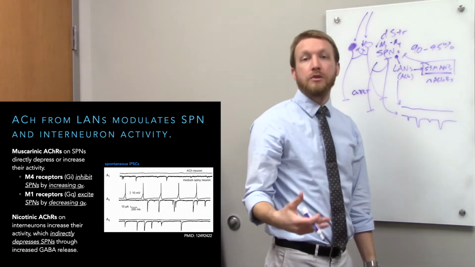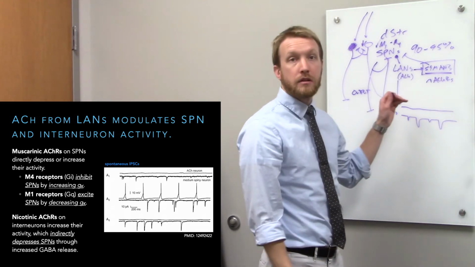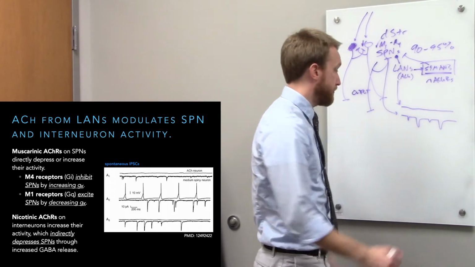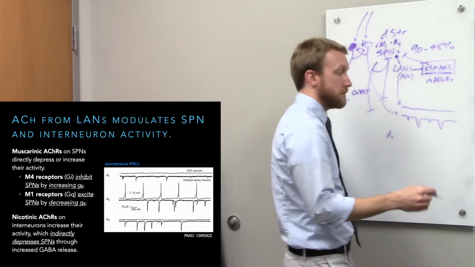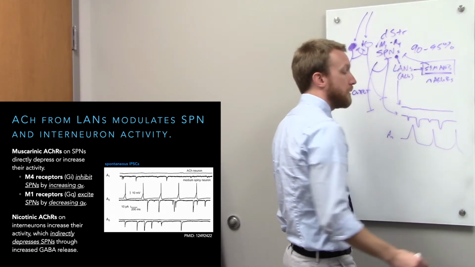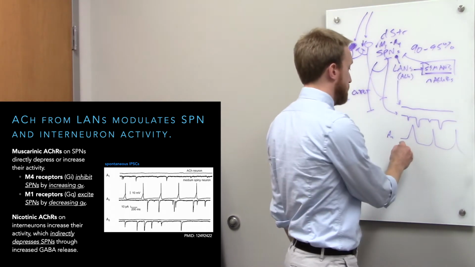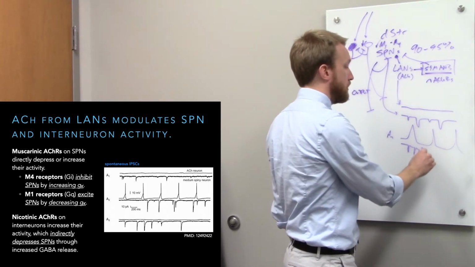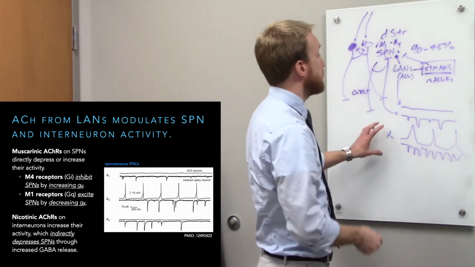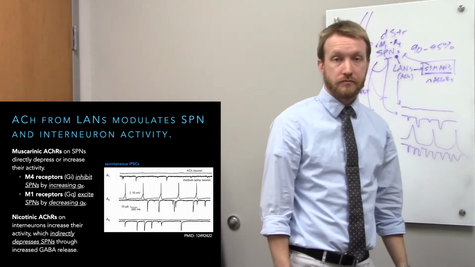So what we're looking at is how much inhibition do the spiny projection neurons get. So on top, no activity of the cholinergic neuron. If you go to A2, you'll see that they're stimulating the cholinergic neuron there, and when they do that, there's an increase in the amount of inhibitory currents. So these cholinergic neurons are stimulating inhibition of spiny projection neurons.